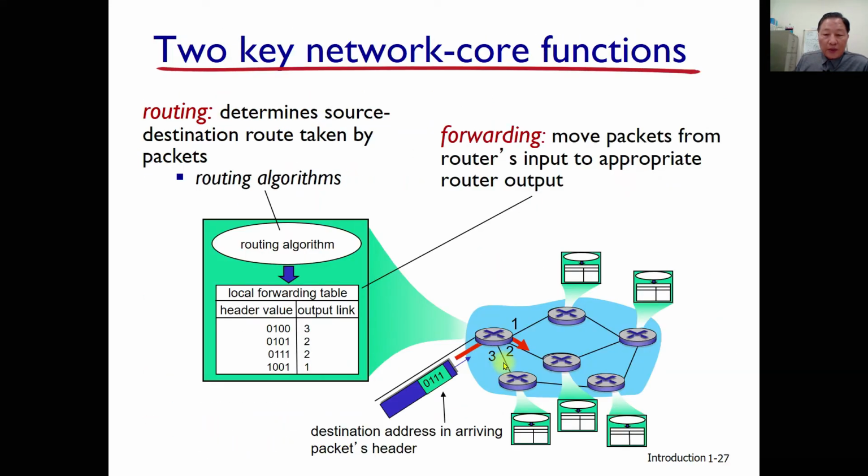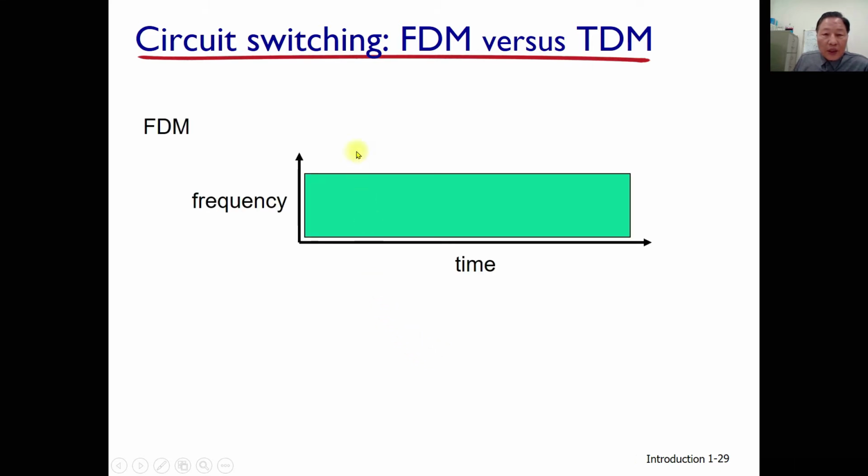And here, okay, let's move to here. So this one is comparing FDM technology versus TDM technology of circuit switching, because we can implement it in this way or in this way. This one is using frequency division.